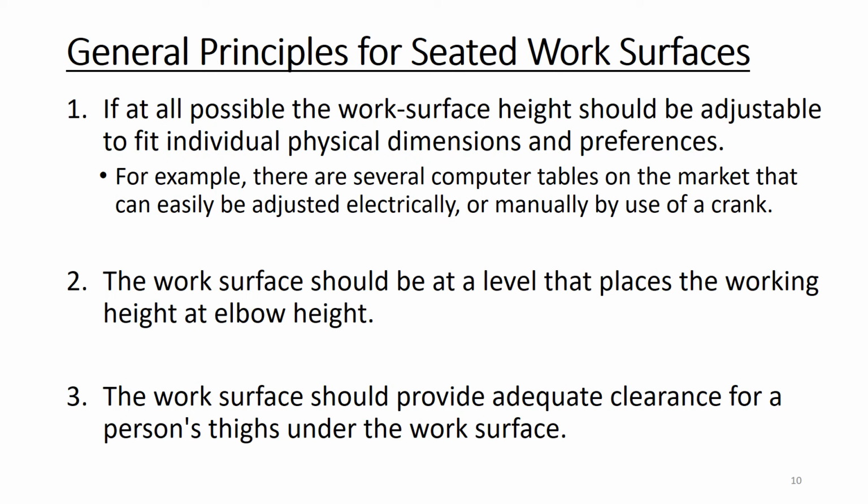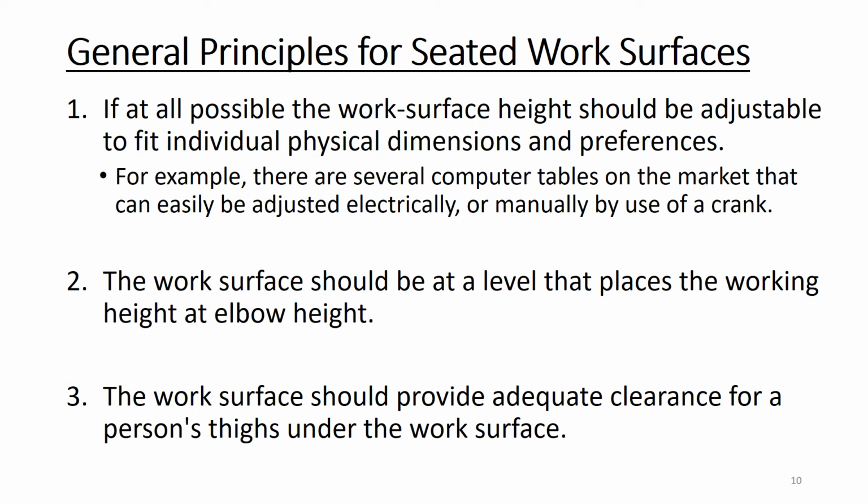For example, there are several computer tables on the market that can easily be adjusted electrically or manually by the use of a crank. So the main highlight here is the user. To make the user comfortable and convenient, the work surface should be made adjustable. If that provision is given, it will be very beneficial for the user.